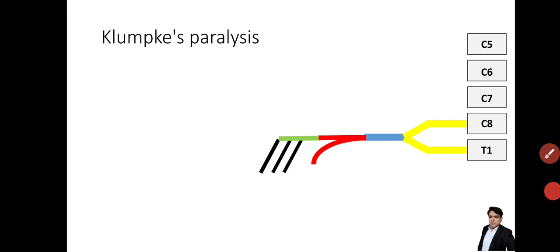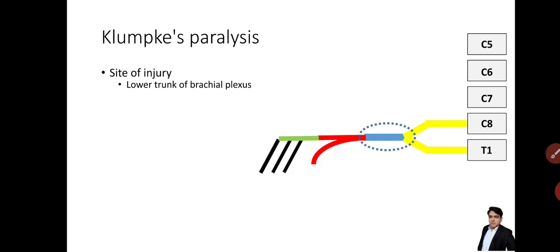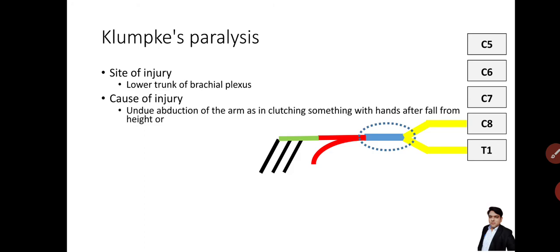Now Klumpke's paralysis. If there is involvement of the lower trunk, the site of injury is the lower trunk of the brachial plexus, this one. The cause of injury may be abduction of the arm, as in clutching something with the hands after a fall from height.